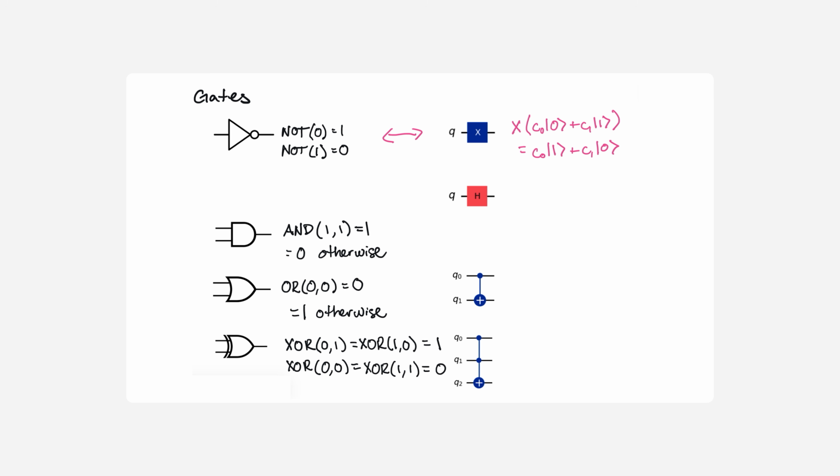The Hadamard gate, or H gate, is one of the most important gates in quantum computing. It creates superposition and has no classical analog. It looks like this.